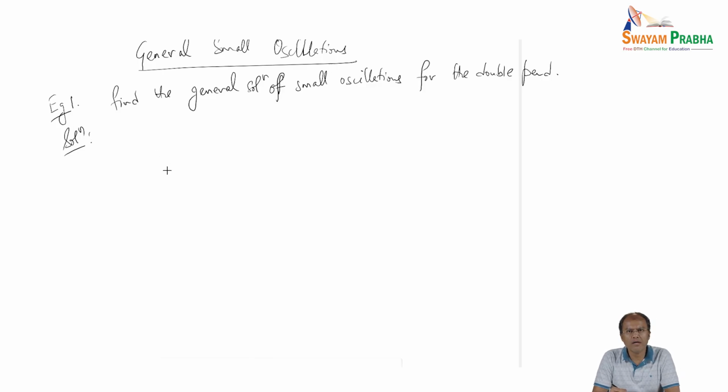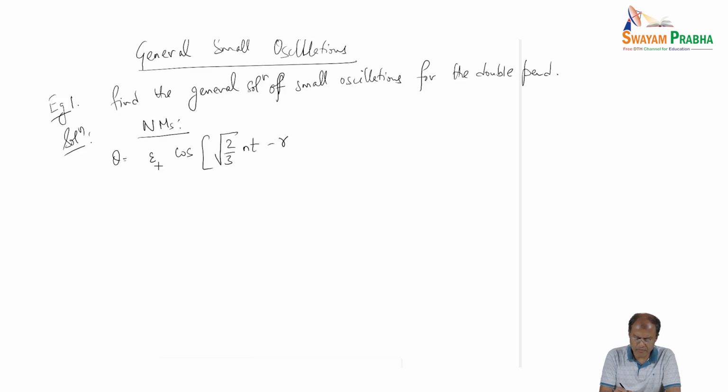We have already found the normal frequencies, the normal amplitudes, and of course the normal forms of the solutions. If we recall, the normal modes were theta given by epsilon 1 cos of square root 2 by 3 nt minus gamma 1, and phi is 2 epsilon 1 cos of square root 2 by 3 nt minus gamma 1. This is the slow mode solution, so we put a 1 to distinguish it from the second solution.